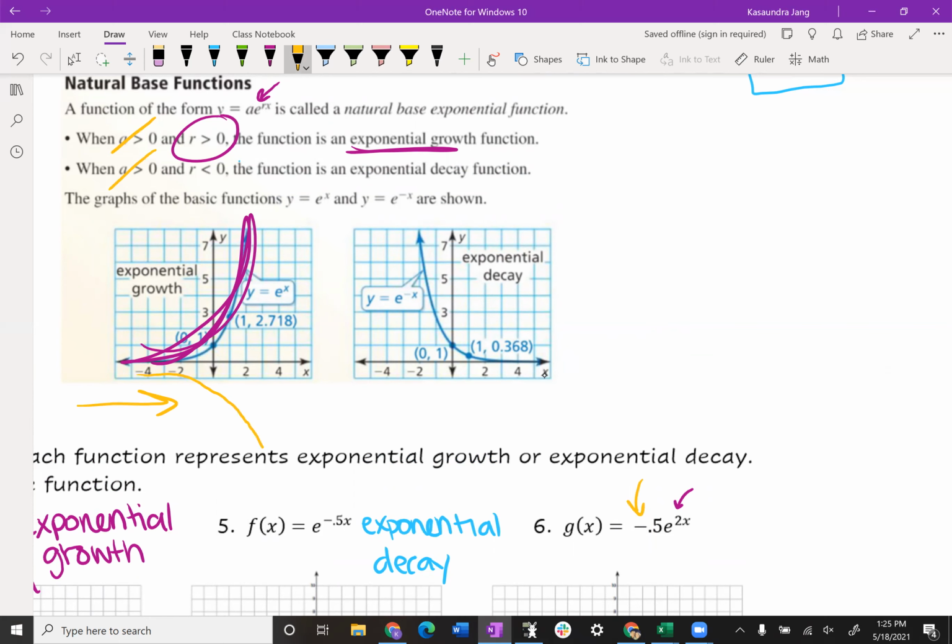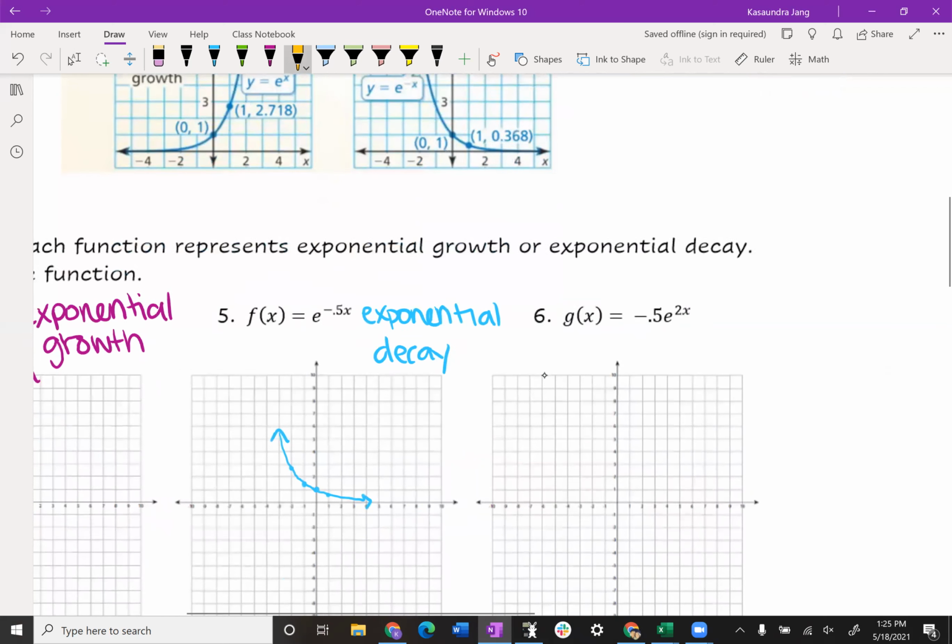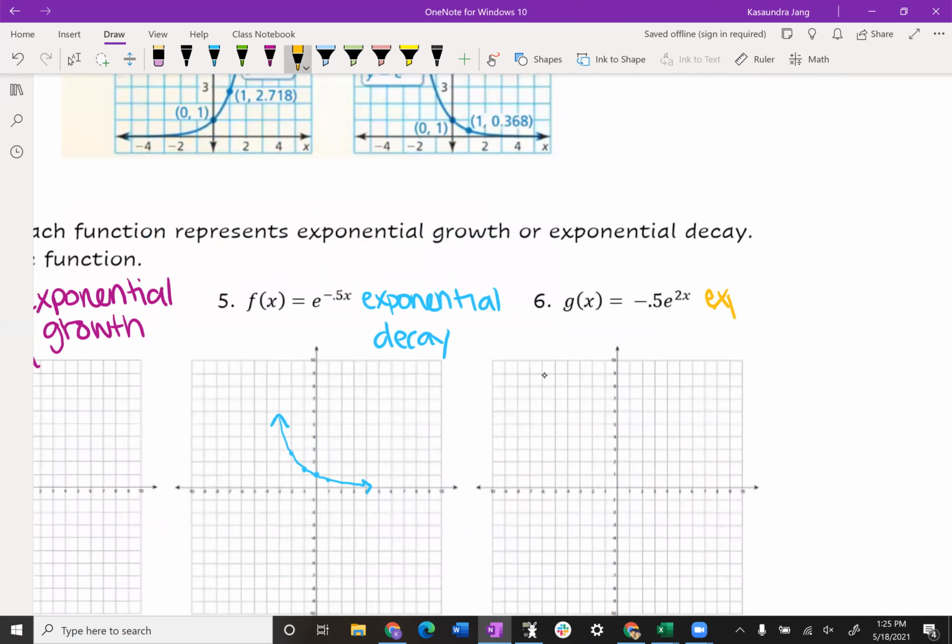This should be actually exponential decay. It is decreasing. Okay, so let's write this. Let's see if that actually is what it looks like on the graph, though. It should still have an asymptote at 0. Should not cross that. I'm just thinking it's going to have a curve this way.